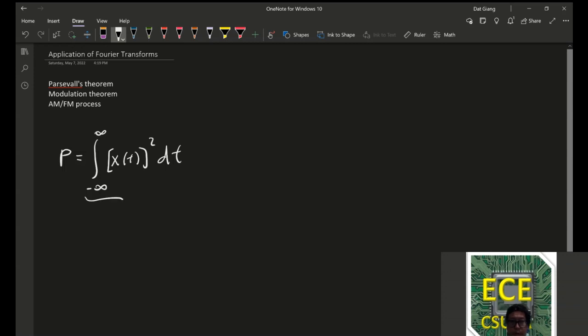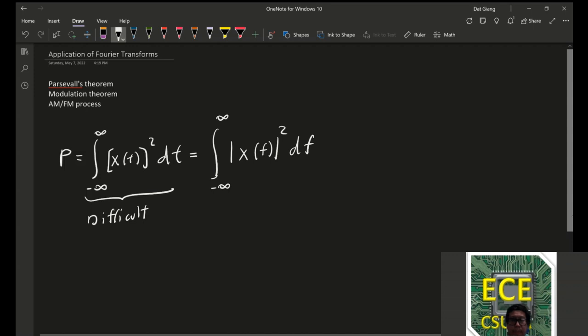So this one, we generally say difficult. However, in the frequency domain, we can actually find the power using the magnitude: the integral from negative infinity to infinity of the absolute value of X(f) squared df.